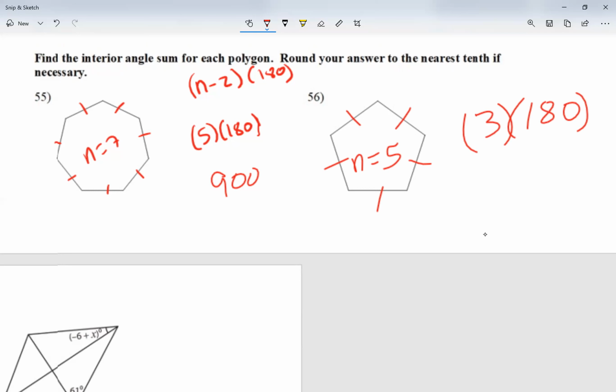In my case, I happen to get 540. And use a calculator if needed. So 540.